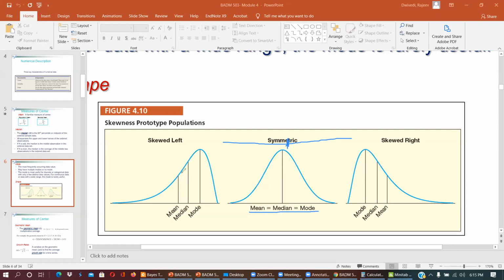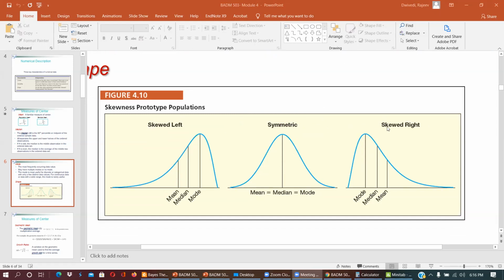Now another situation you can also handle: if mode is highest, mean is lowest, and median is in between, you can understand this is skewed left. If mean is highest, mode is lowest, and median in between, you can say skewed right. So basically this is the ideal condition that is desired by most organizations when they treat the data.